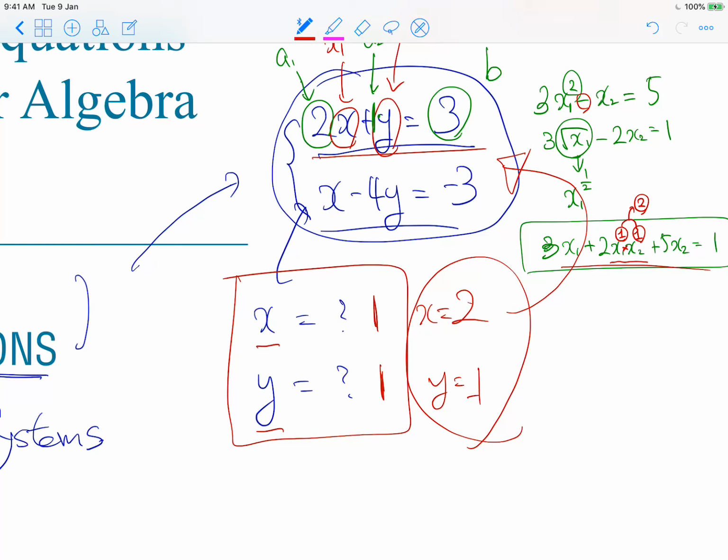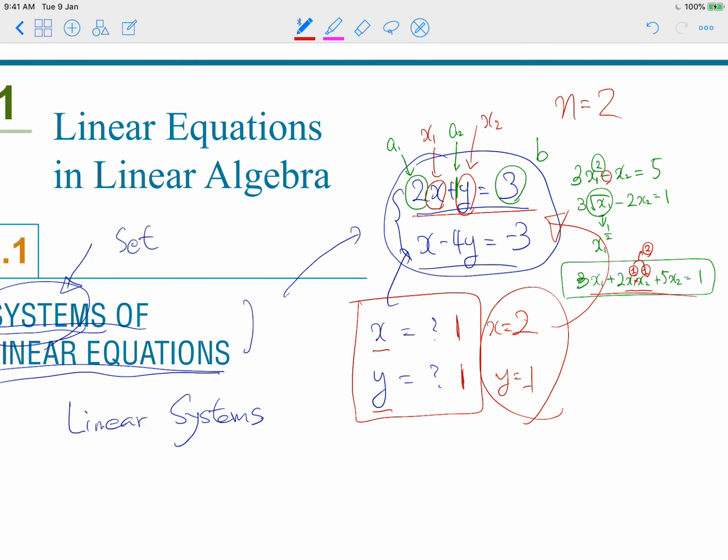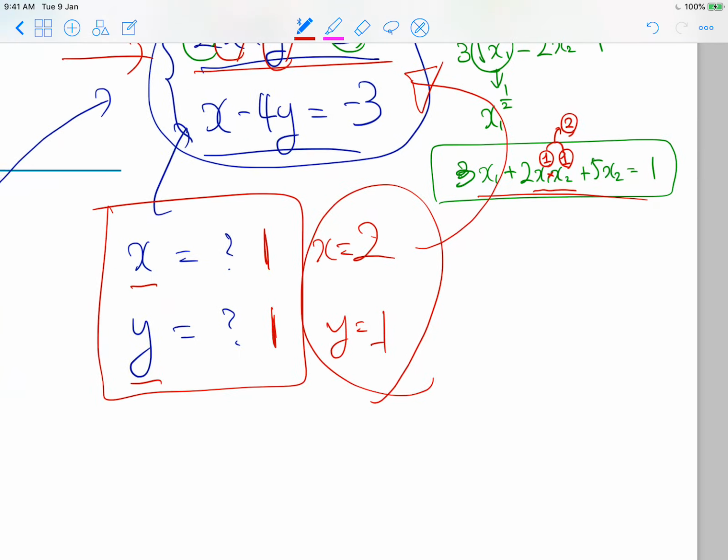Okay, so that will play a really important role in the later chapters. So in this particular case of a linear system, we have only one solution, but there are some other cases.